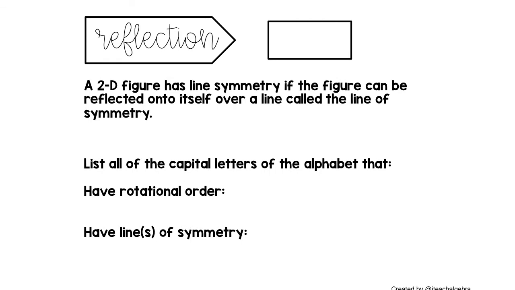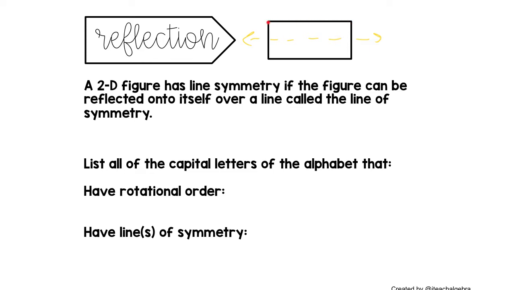Reflection. A 2D figure has a line of symmetry if the figure can be reflected onto itself over a line called the line of symmetry. So I know that this rectangle has 2 lines of symmetry. One is right here that splits it down the center. I could take this part of the rectangle and fold it up and it'd be the same.